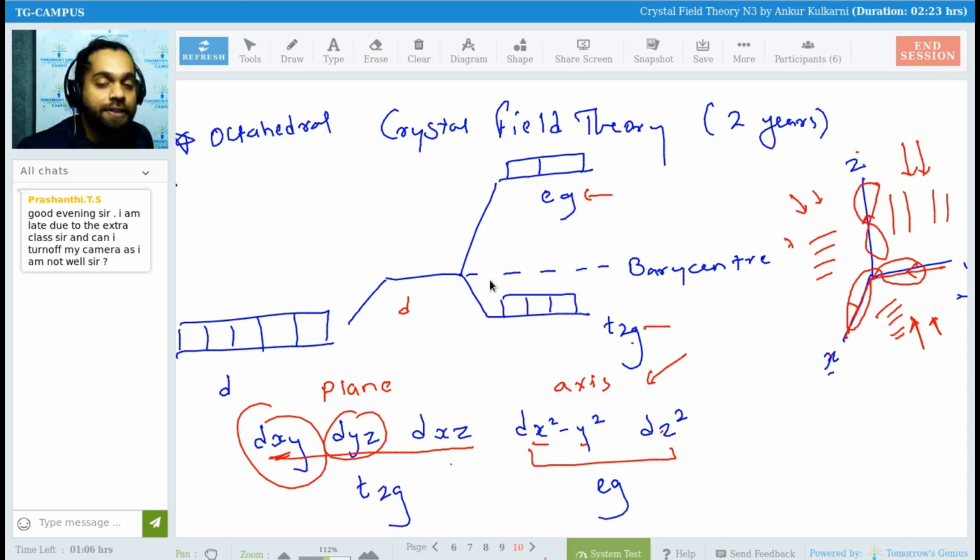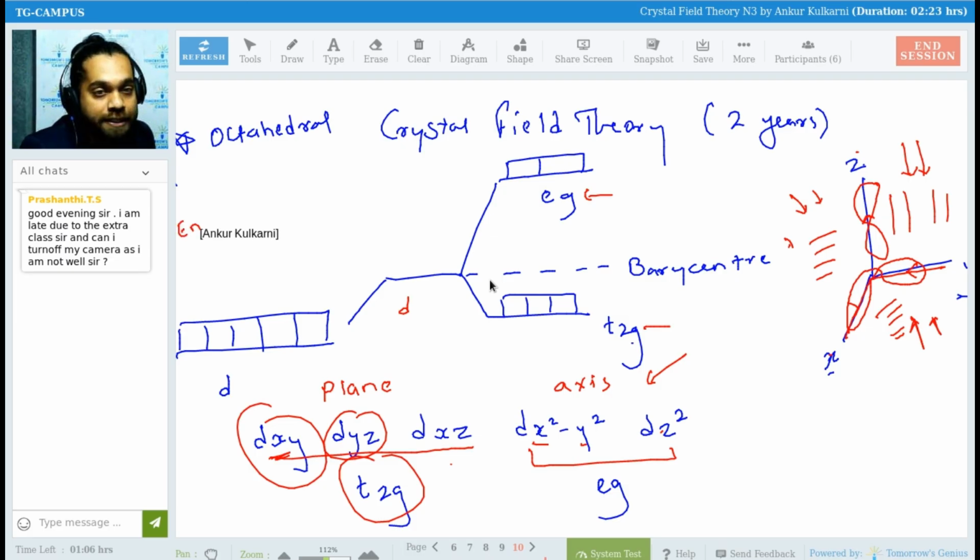What is that T2G, sir? Together we call them T2G. The group of these three, they are together. These are on the planes and they are together, so we call them T2G. The ones which are in the planes are at the same energy.